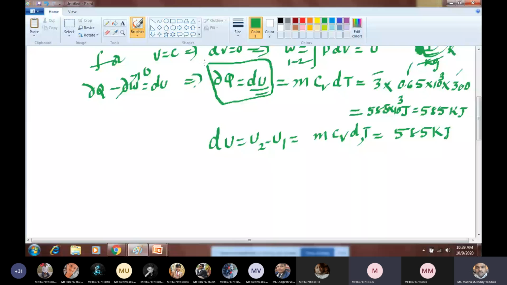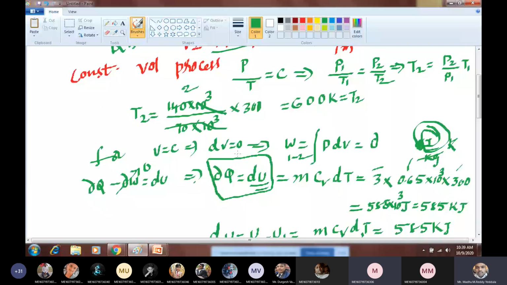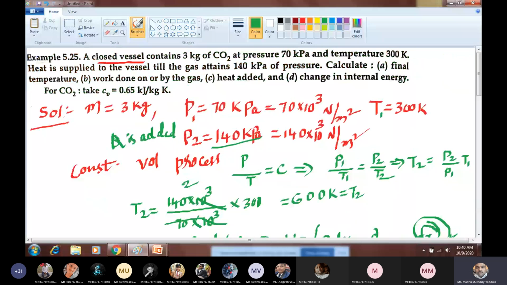For mass we use kg only, the SI unit for mass. And this CV value is related to this particular gas, CO2.